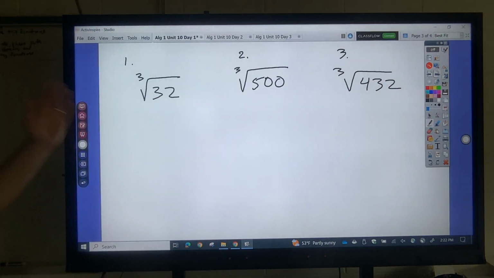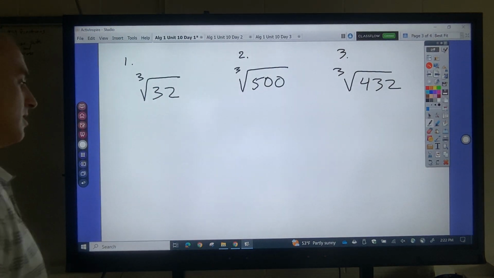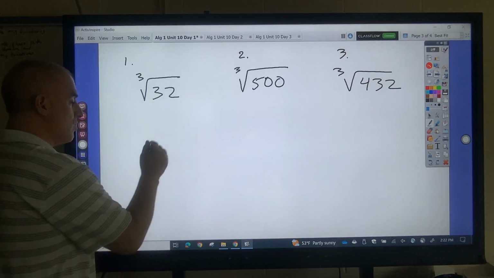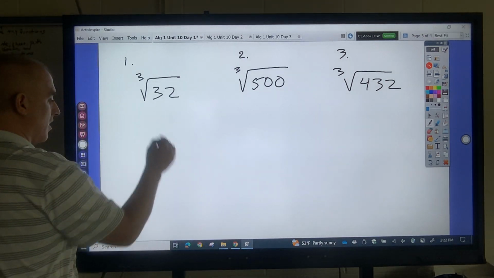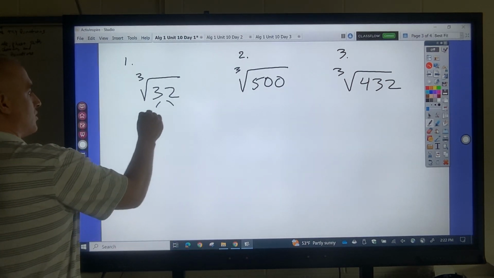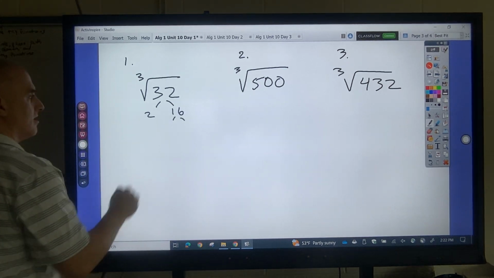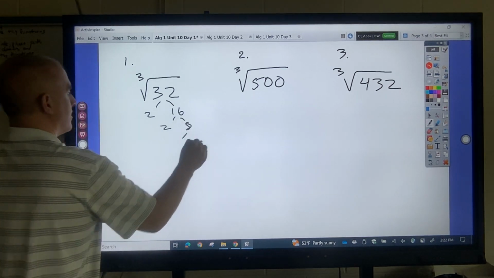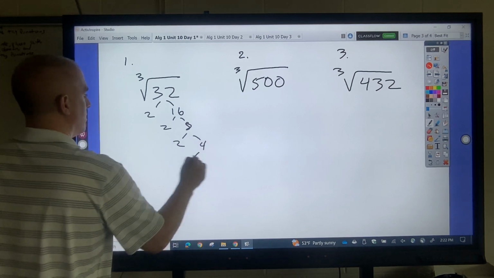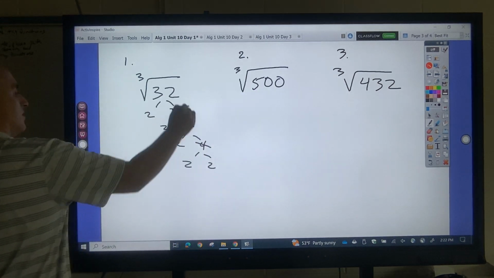Okay, now, as you notice, this is cube roots. With cube roots, we're going to start at 2, 16, 2, 8, 2, 4, 2, 2. Same process.